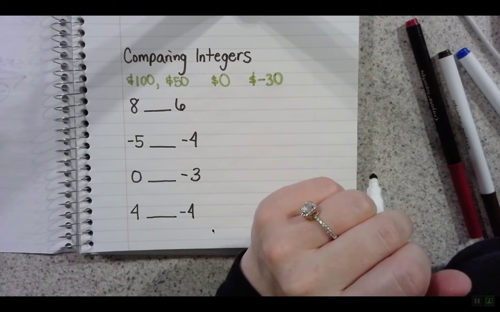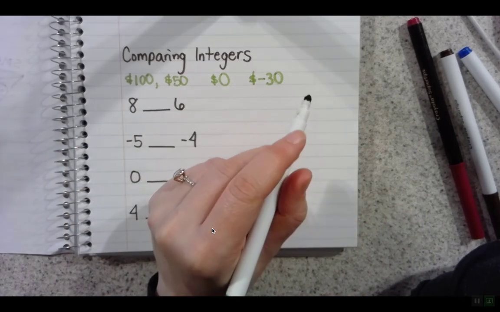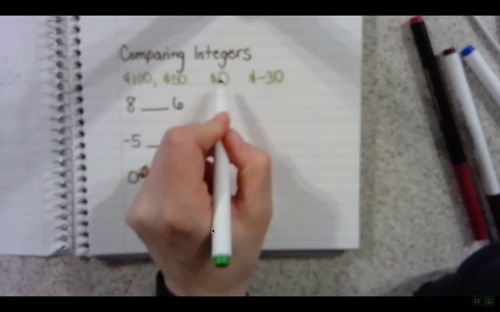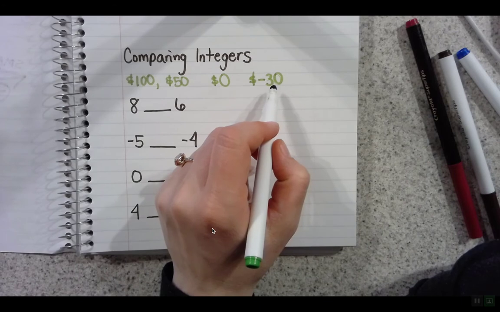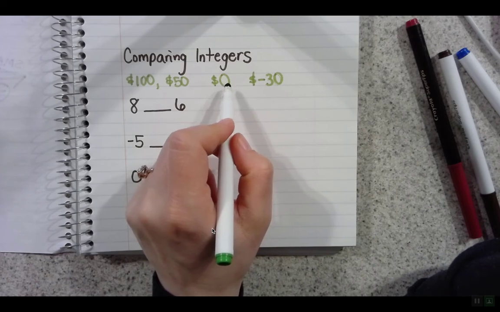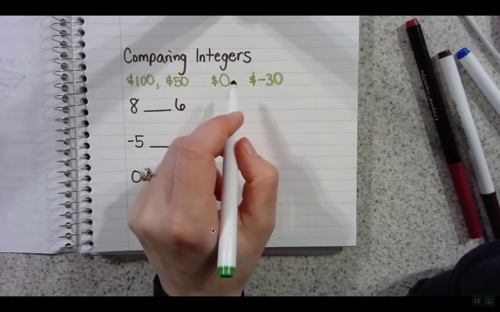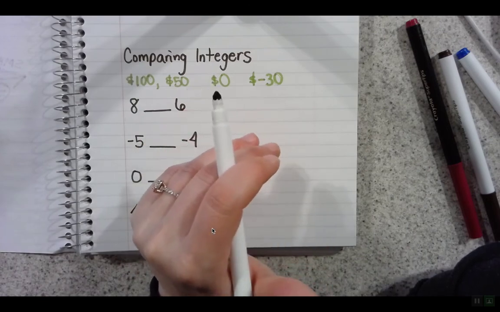Okay, so as I go down the list here, I'm getting smaller and smaller. Negative 30 is smaller than 0. You're in a worse situation here where you're in debt $30, you owe somebody. Then here you don't owe anybody, you just don't have any money. So when you're comparing, especially negative numbers to each other, I find it helpful to think about money.